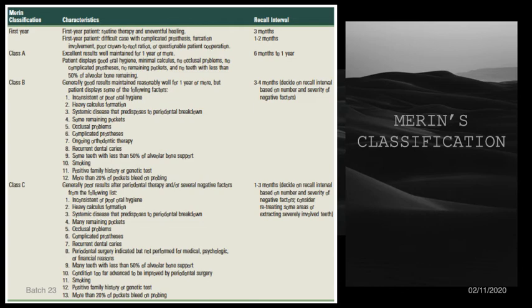Class C patients are patients with generally poor results after periodontal therapy.